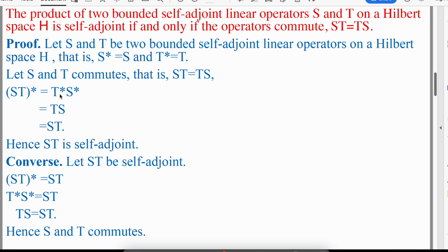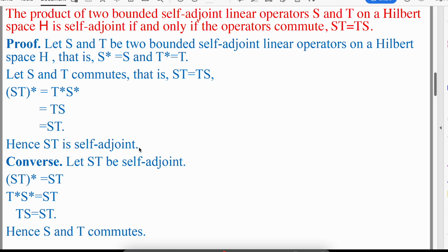Because T is self-adjoint, S is self-adjoint, therefore T star equal to T and S star equal to S. Because it commutes, TS is equal to ST. So we have proved (ST) star equal to ST. It means ST is also self-adjoint. It means product of two bounded self-adjoint operators is also self-adjoint.